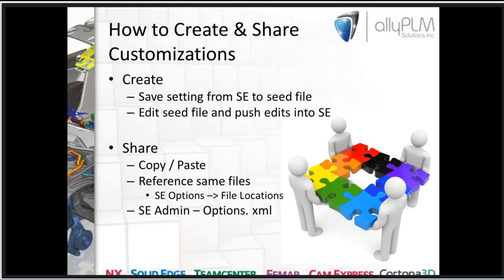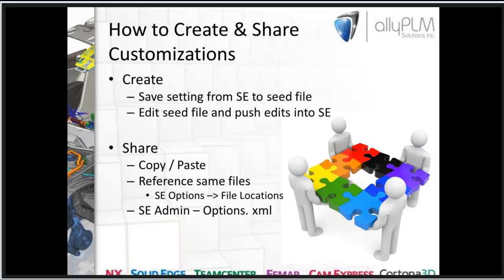When we save a setting, that writes the seed file, this underlying file, if we call it, for example, the holes.txt. It's being appended from Solid Edge's native interface. The other option is to open holes.txt with a text editor, edit the seed file, and the next time we launch Solid Edge, the edits in the seed file would be propagated into Solid Edge as a software at that point in time. So those are the two major ways that we can edit the files.